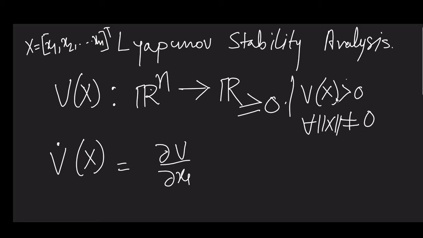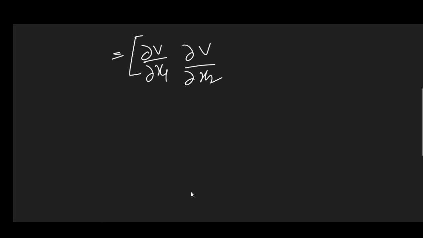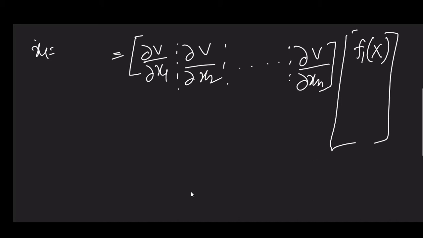Then we can write it as del V del x1 dx1 dt plus del V del x2 dx2 dt, and so on. Here x1 dot is equal to f1(x), x2 dot is equal to f2(x).